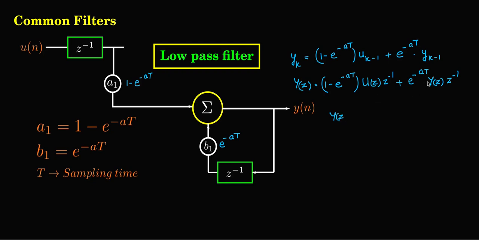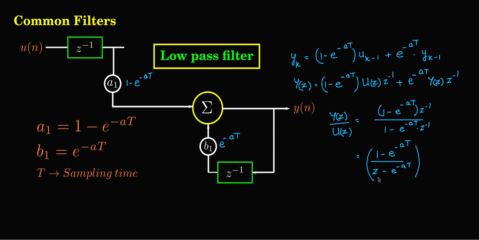So you can rearrange, you can say Yz by Uz equals, I can take this Yz term onto this side, denominator to be 1 minus e to the power of minus aT into z to the power of minus 1. And what remains here, Uz goes down, 1 minus e to the power of minus aT, z to the power of minus 1. So simplify this, you get 1 minus e to the power of minus aT divided by z minus e to the power of minus aT.